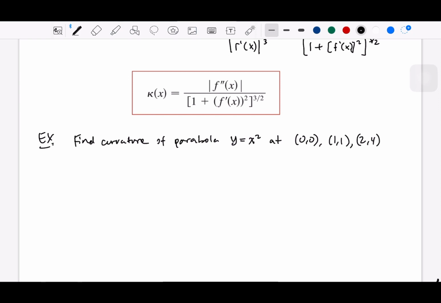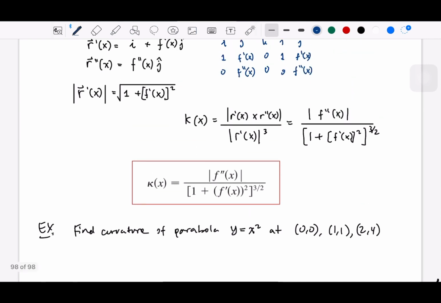I think you need calculators to calculate this, but let's say we are going to take this as the previous formula.